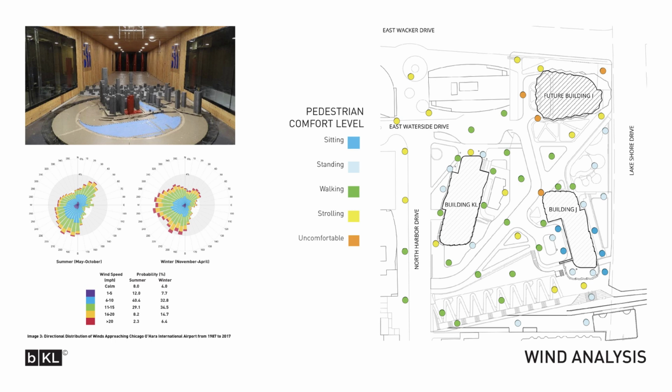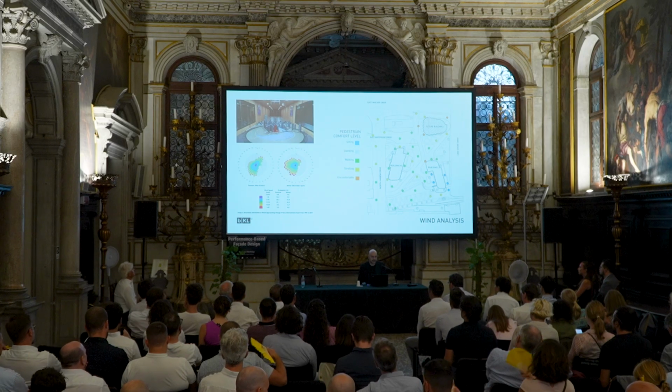But in addition to that, we also did analysis for the pedestrian comfort level. In this kind of a densely built environment, a lot of these winds can get fairly high and uncomfortable, creating some uncomfortable hotspots as they get funneled between these tall towers.